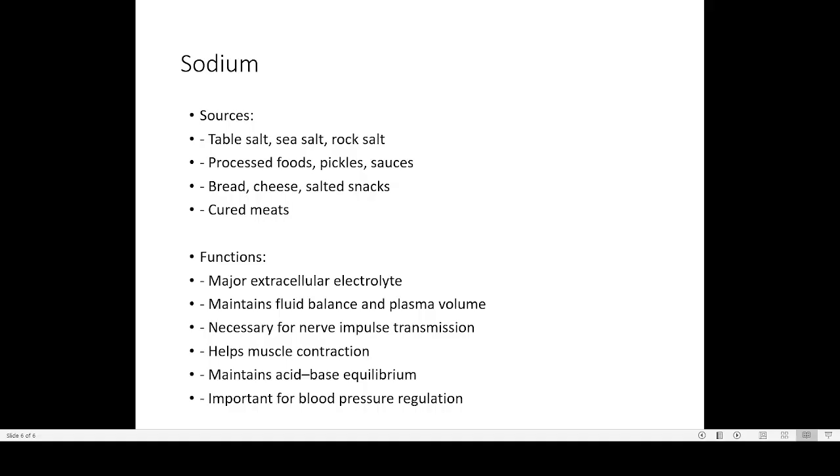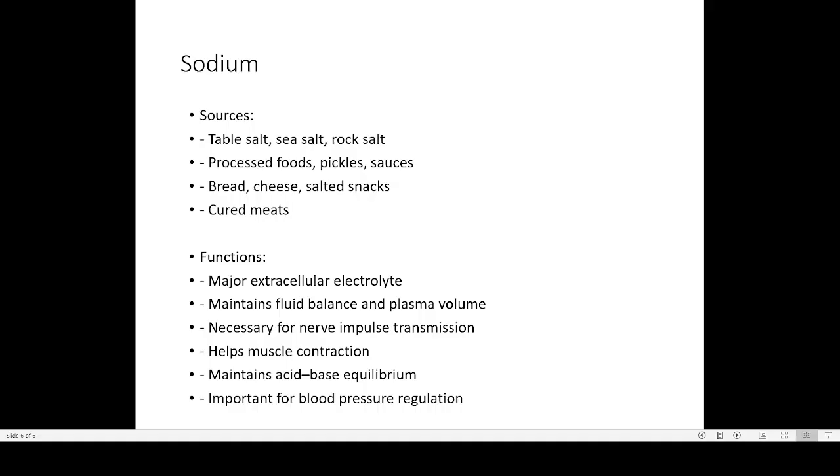One important thing about sodium is that if the amount of sodium in your body increases, the body will be retaining more water, especially in your blood. So more sodium, more water in the blood, and that will result in more pressure in the blood. So this is how it is related. More sodium, more water in the blood, more blood pressure. So that is how things are happening.